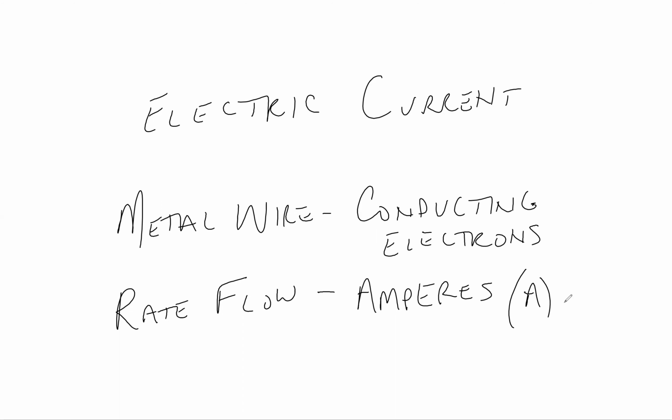One ampere is a rate of flow equal to 1 coulomb per second. That's about 6.25 billion billion electrons per second. So if a wire, for example, carries 5 amps, then that's 5 coulombs of charge per second.